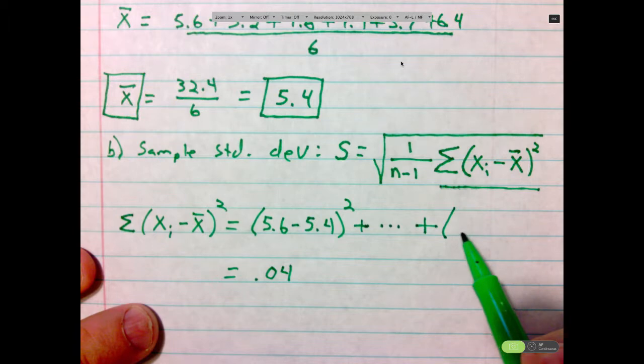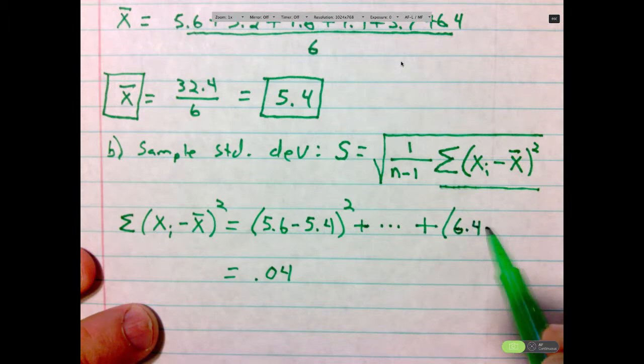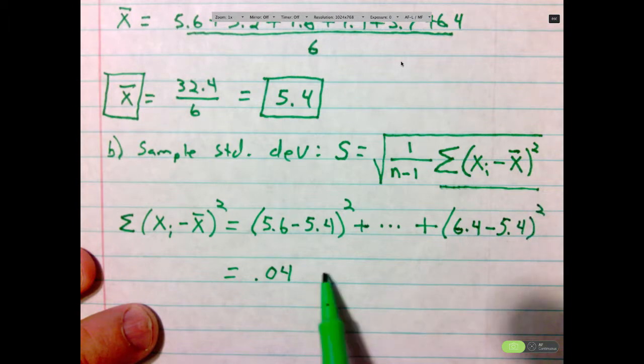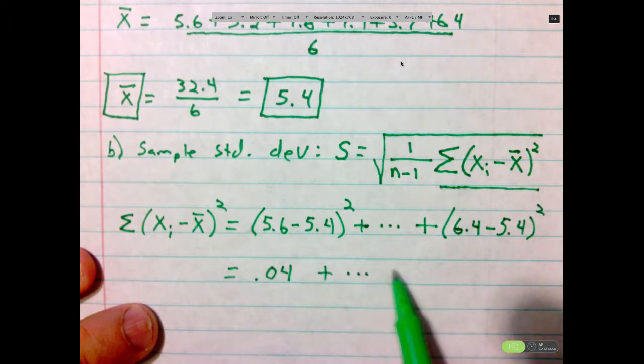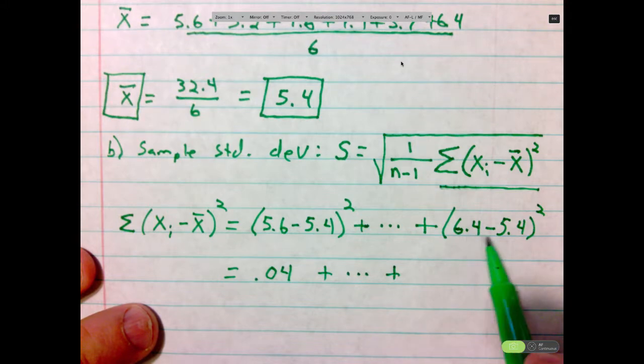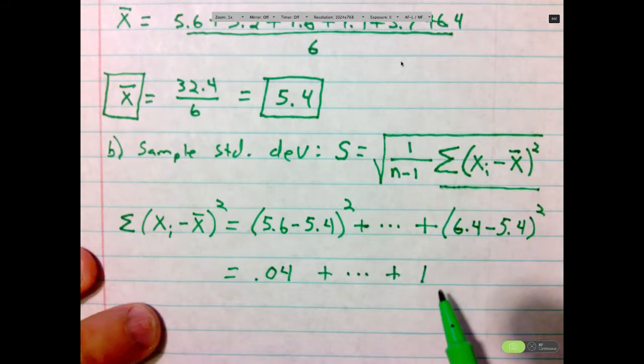Well, our final observation X is 6.4. Again, subtracting our sample mean, 5.4, quantity squared. So plus, dot, dot, dot, plus, 6.4 minus 5.4 is clearly 1. 1 quantity squared is 1.